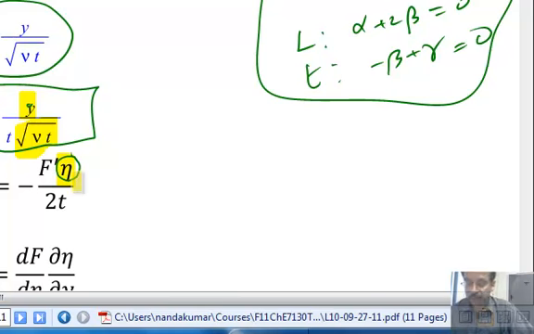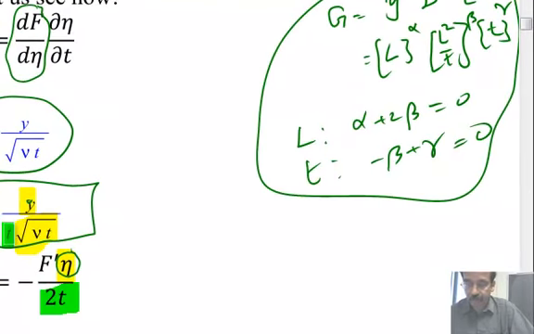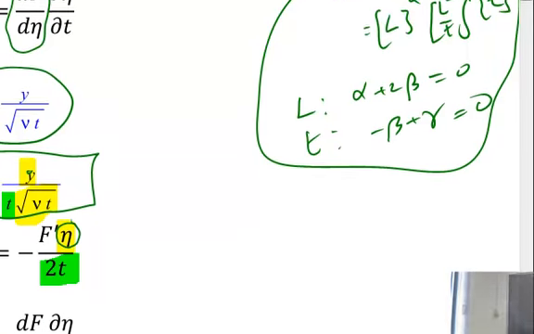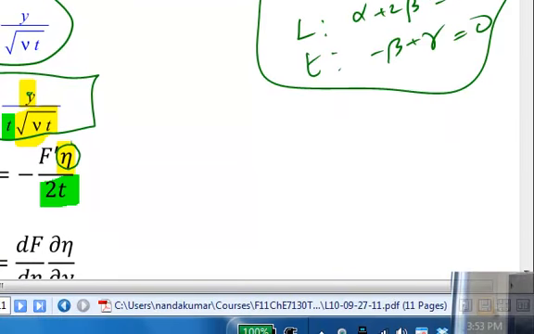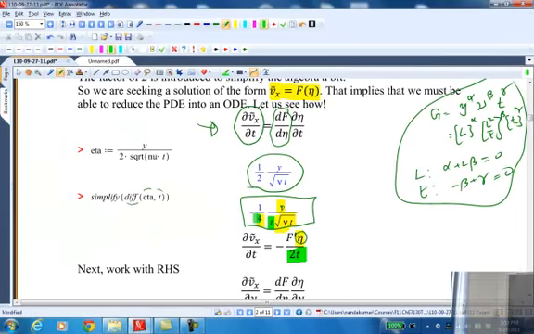And what I'm left with is 2 times t in the denominator. Okay, that is this and another 2 that is coming from there. So I'm simply rearranging that partial derivative as minus f prime, the derivative of f with respect to eta. When I say f prime, it's a derivative. I'm simply putting it prime because it's an ordinary derivative with respect to eta, times eta divided by 2t.